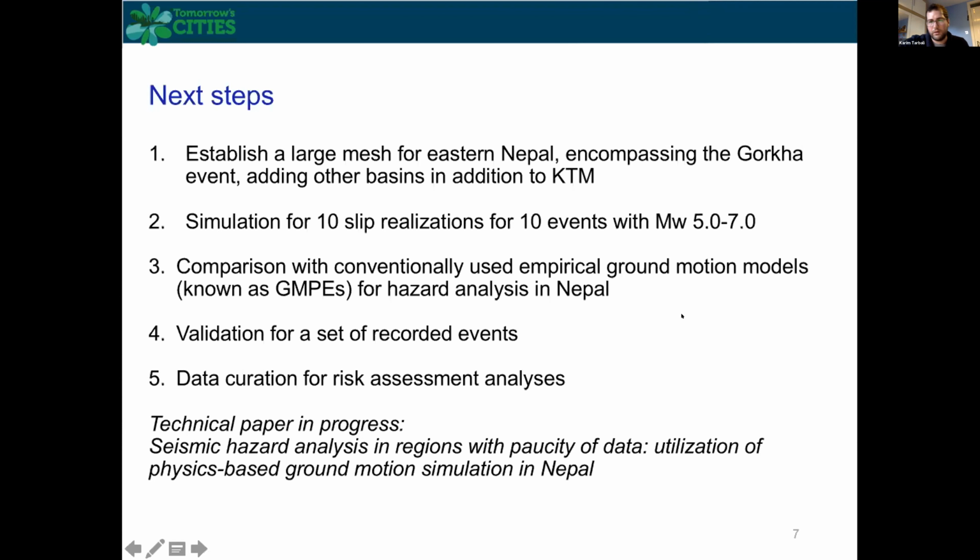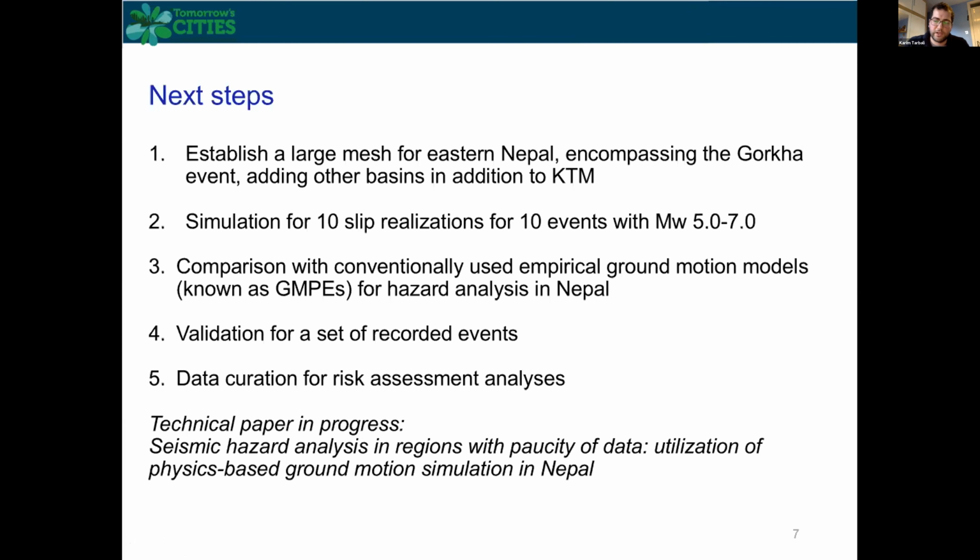So we are working on a technical paper on the simulation, and the idea is to highlight the fact that these types of simulations, even though there is not much data in terms of various aspects of the physical models, from the geophysical aspects, from the source modeling aspects, if you are giving the task of building a structure there, you need to understand the hazard, you need to use a model to estimate the ground motion.